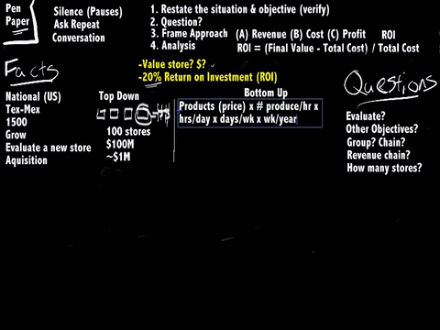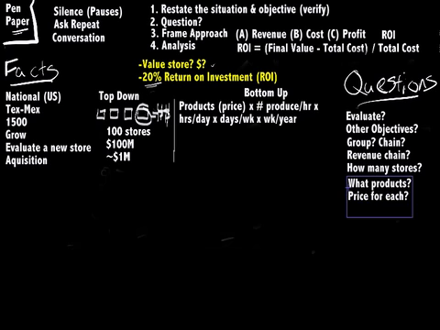So all your questions in this case would be around what products they sell, and just asking each one of these, do you have the price information for each product?